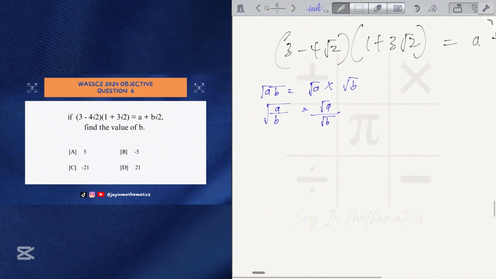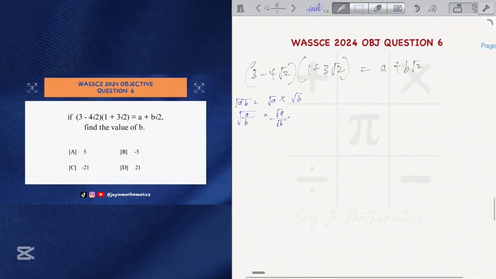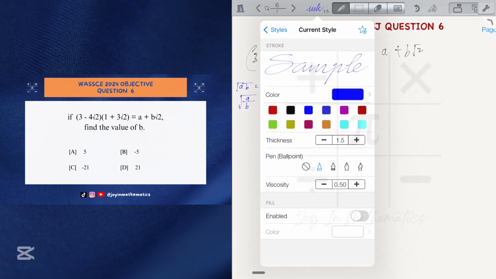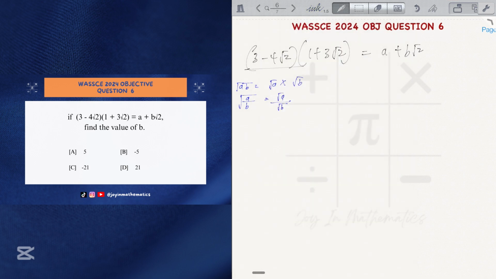Okay, moving on. Now we have this question. We are asked to multiply 3 minus 4 root 2 by 1 plus 3 root 2. So all we just have to do in this case is to open the bracket. When we open the bracket, we will apply the rule of surds. So let's go. 3 minus 4 root 2 being multiplied by 1 plus 3 root 2.